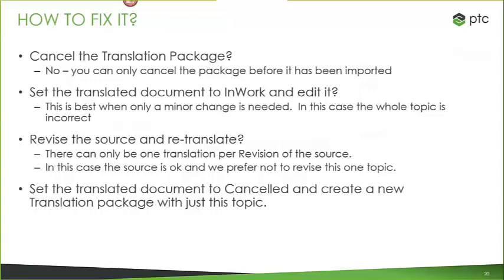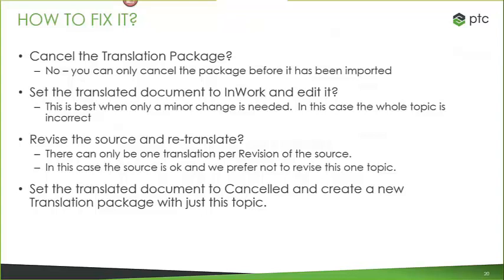In this case, though, we know the source is okay. We know that some of the translation was, in fact, okay. And so rather than revise it, especially when we know we've got the Italian out, we're not going to go with that approach either.